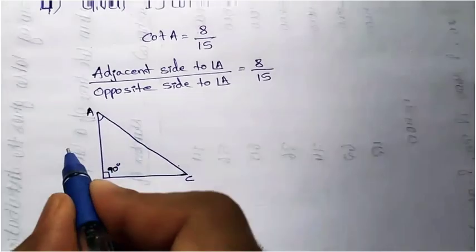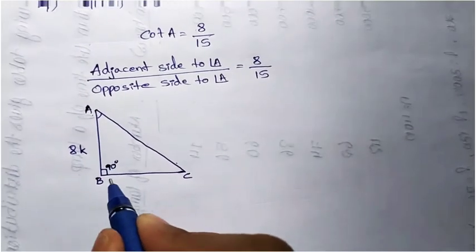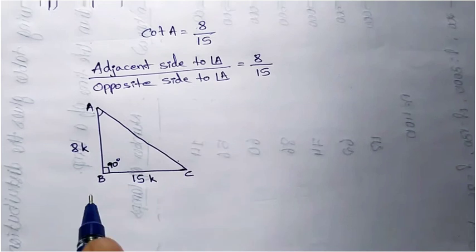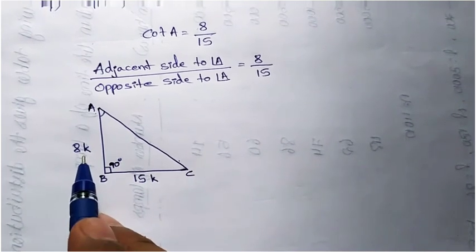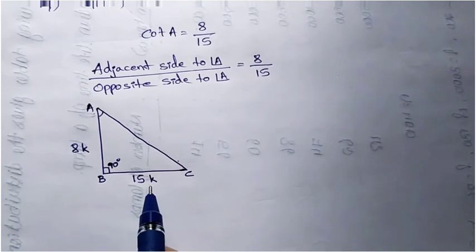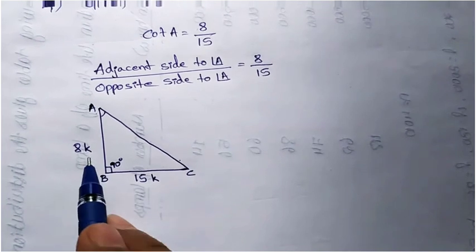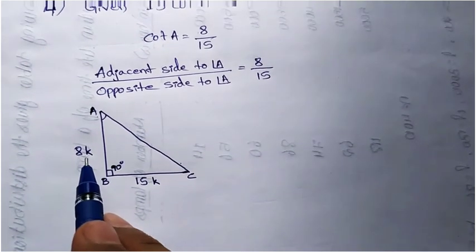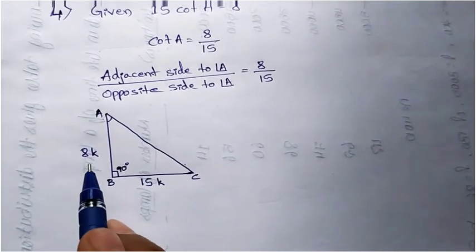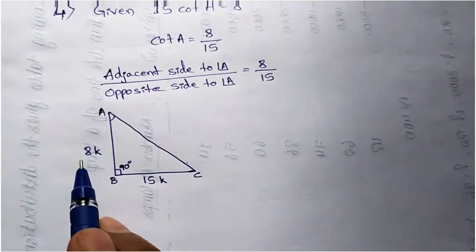That is AB, so I will take 8K here, and the opposite side will be 15K. Don't worry about that K, you could just take 8 and 15, but while measuring we will not say only 8 and 15 because we have to take the unit, centimeter or meter. So instead of those, they took the K value as the unit.